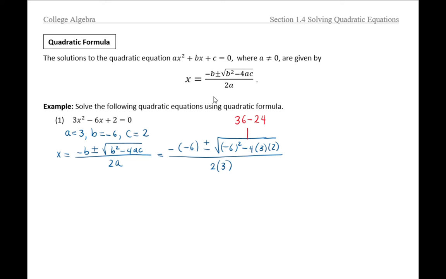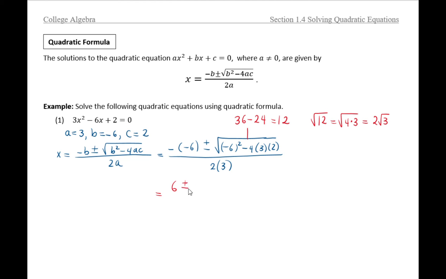So we get 12 in here. So we get square root of 12, but you may need to simplify that because this is like square root of 4 times 3. Square root of 4 is 2, so that's going to be 2 square root of 3. That'll be helpful. You'll see that in a minute.